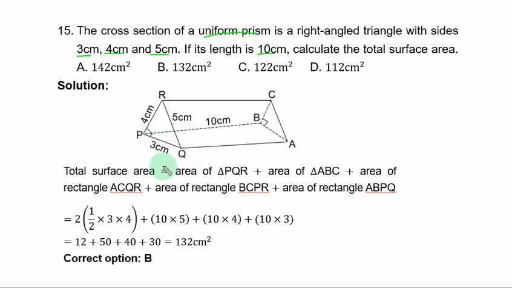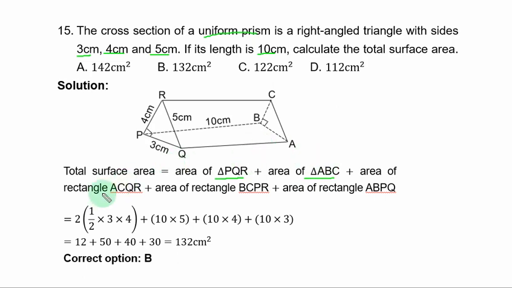For the total surface area, you have to look at the area of all the figures that make up the prism. You have the area of triangle PQR, plus the area of triangle ABC. The two triangles are equal, so once you get one, multiply it by 2.